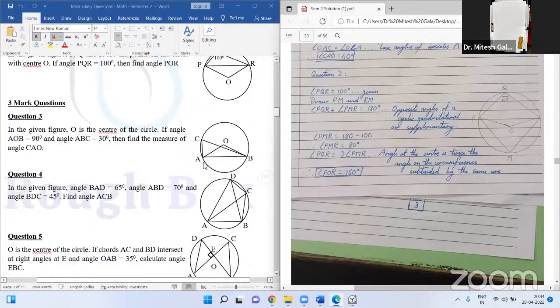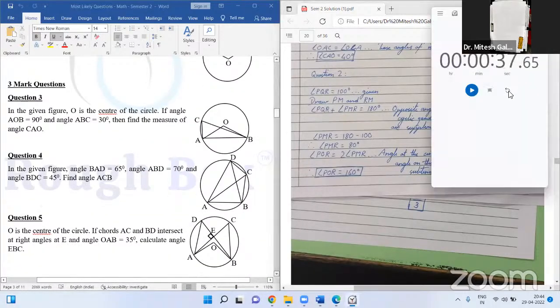Come on, 3-mark question. There you go. Go for it. Again, let me restart. Maybe 45 seconds this time. Go for it. Question number 3, everybody.